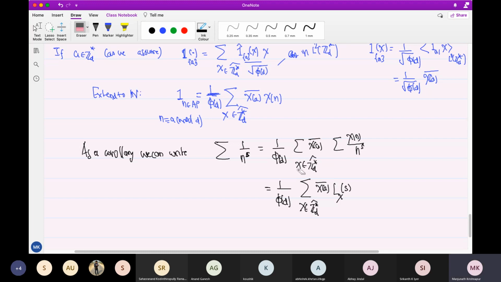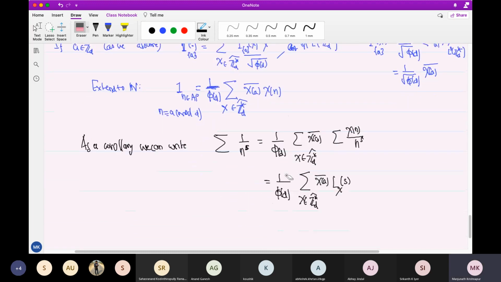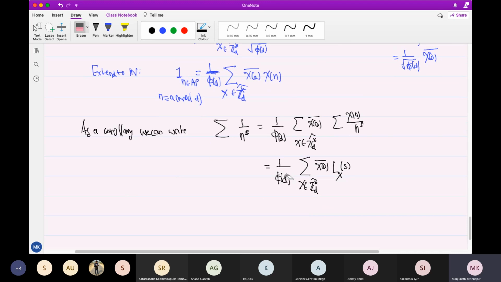Chi of n is of course non-zero for other residue classes also. Only for n not coprime to D do you get 0. For other things, you get non-zero. So what is it I wanted to write? Maybe n coprime to D. Let me just check. Hold on.